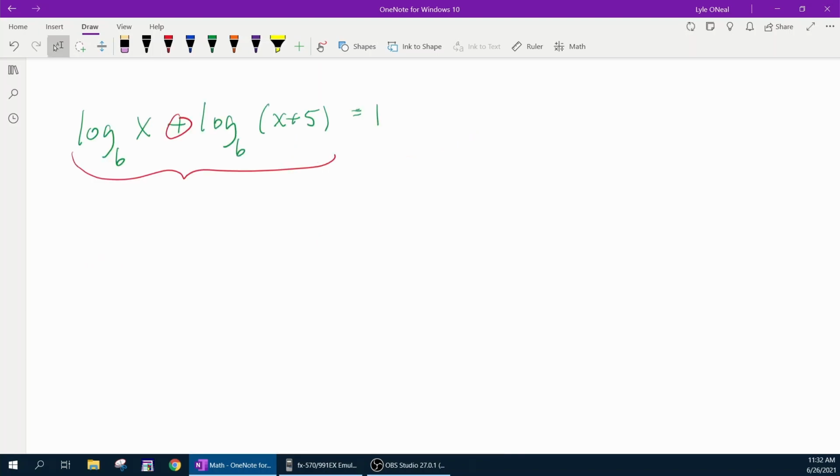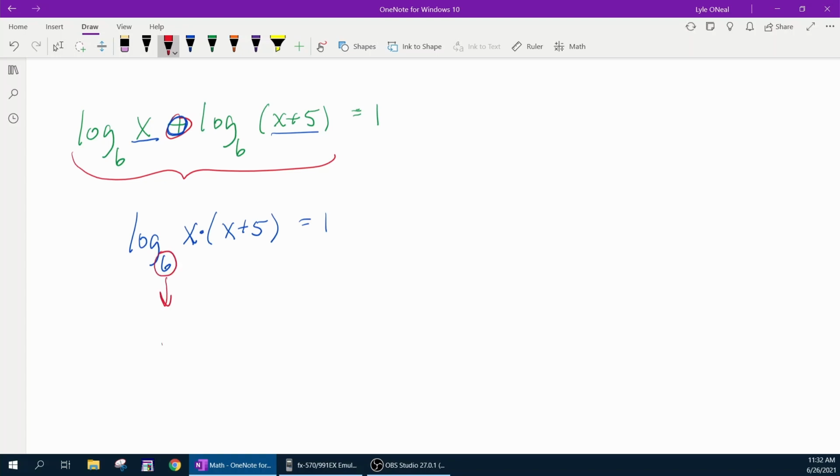All right, so here we go. Using the product rule is going to give us log base 6 of x times x plus 5 equals 1. And now that I have this simplified down to a single log, I can now convert to exponential.